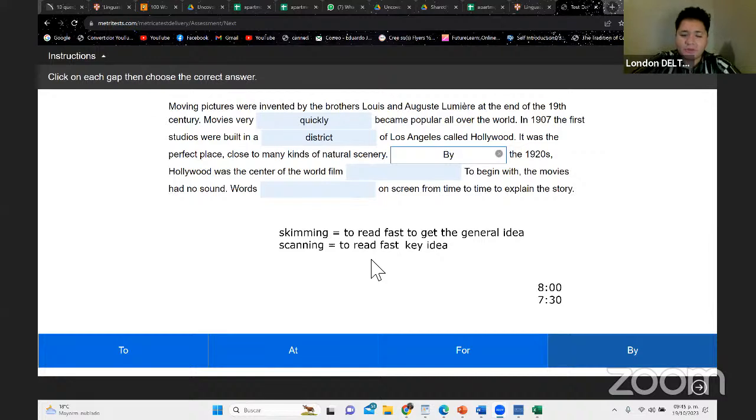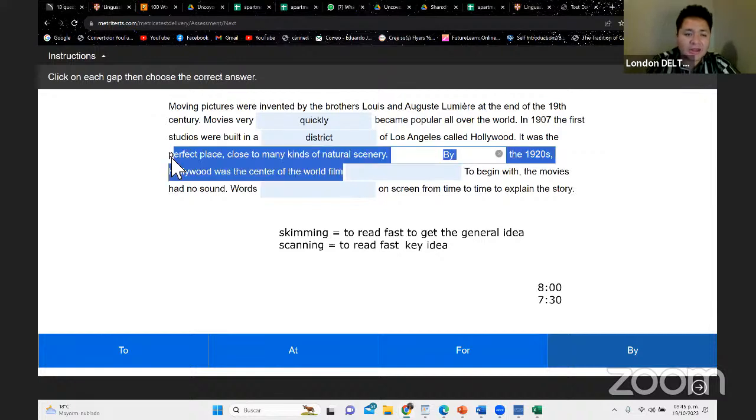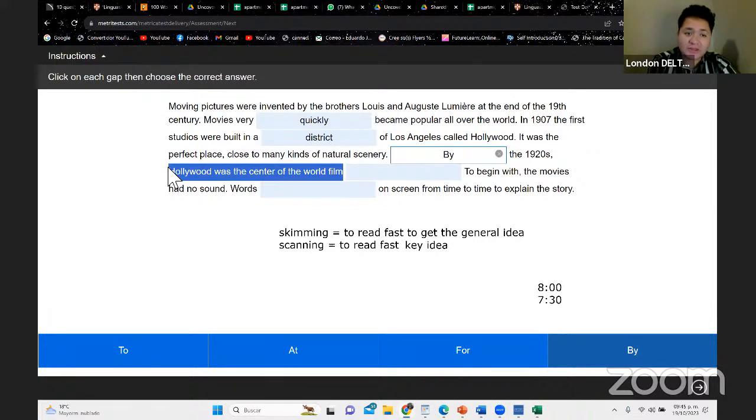The other option could be in the 1920s, but we don't have in. That would be the obvious answer. By. Why do we say by? Because we're saying that in this year, we make a reference for an event. The event is Hollywood was the center of the world film. So we use by.